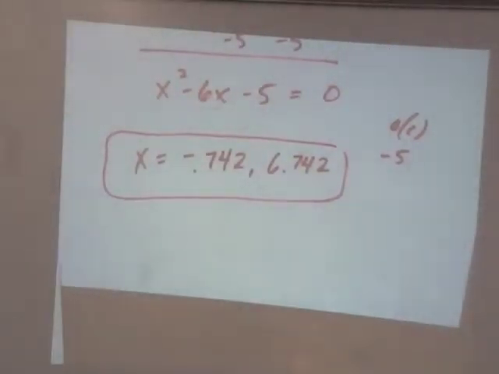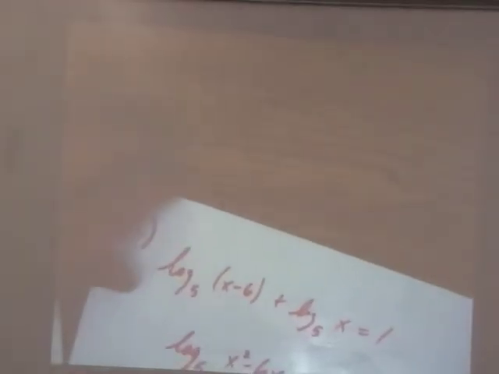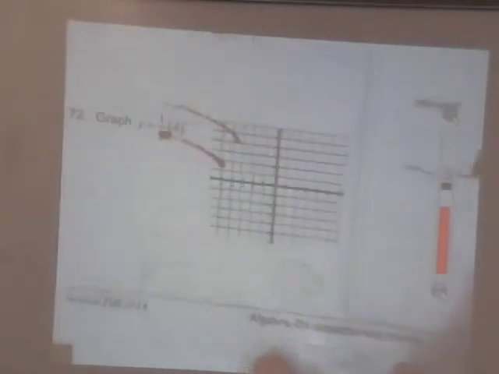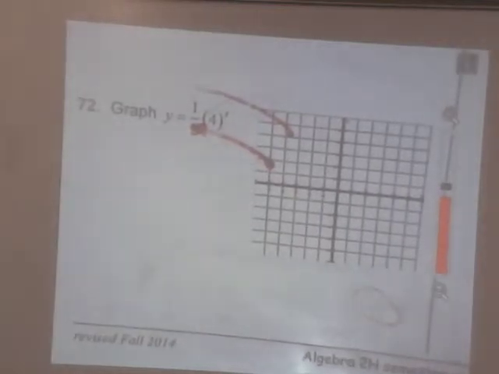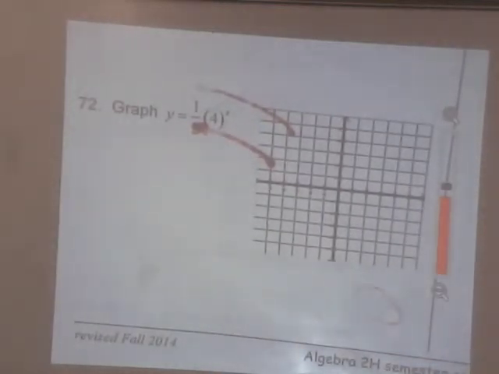72. They want us to graph y equals 1/2 times 4 to the x power. Well, why not use our calculator, right?